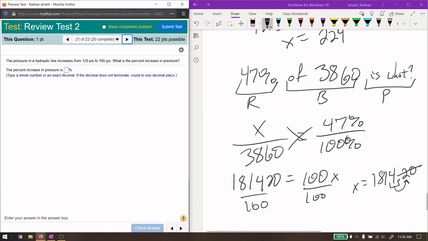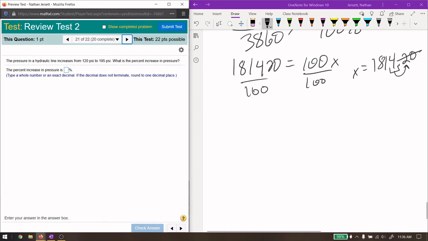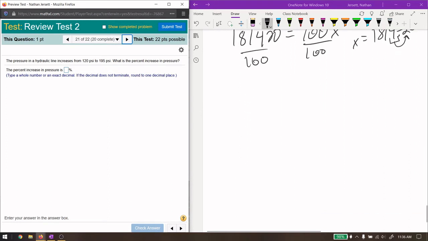Pressure in a hydraulic line increases. What is the percent increase in pressure? All right, this is again a percent proportion problem. Now we're increasing from a certain spot, which means the point that we started at is going to be our baseline measurement. That's 100%. So the increase should be a percentage above 100.